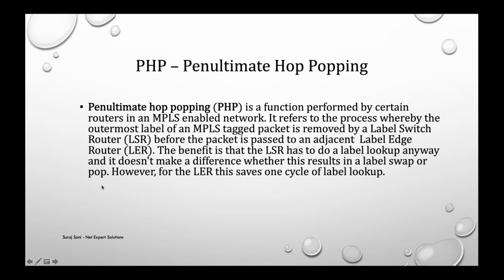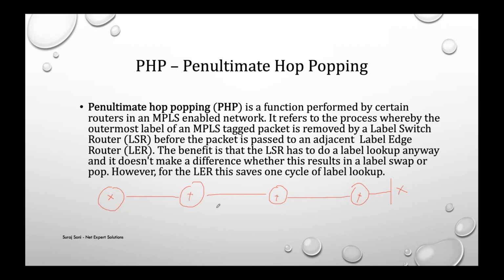So how this works, guys, just carefully see here. Let's say this is my one router, and this is the other router. I have a prefix here, let's say X prefix. This is the prefix which is getting published in the IGP, and labeling is going to happen for this X prefix.